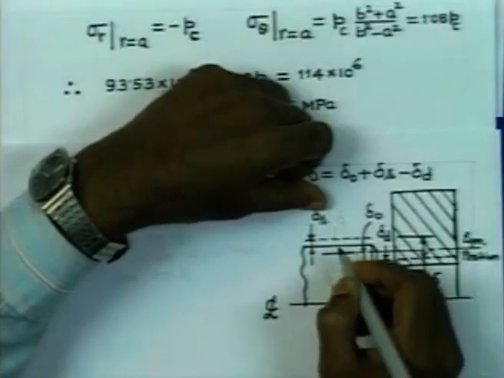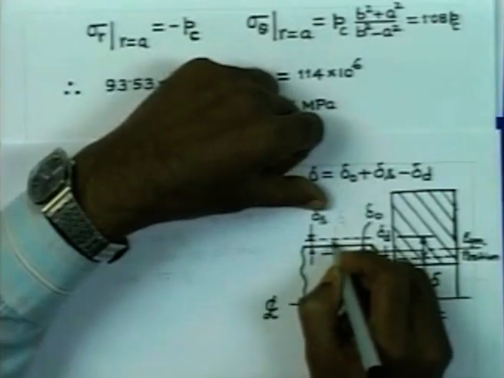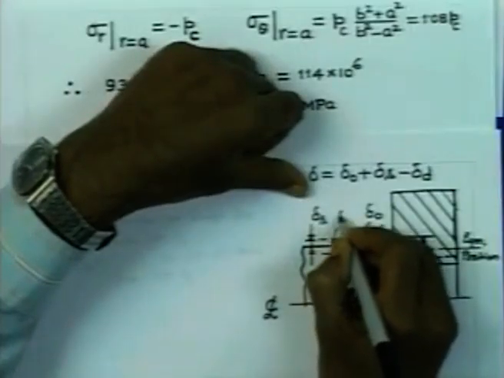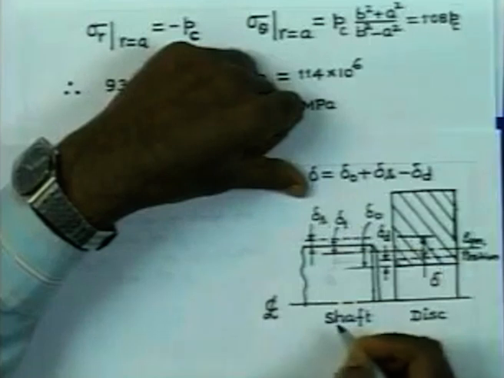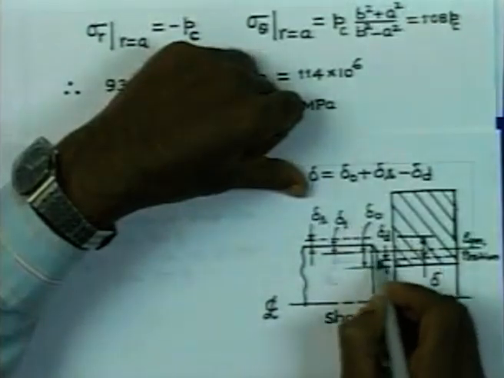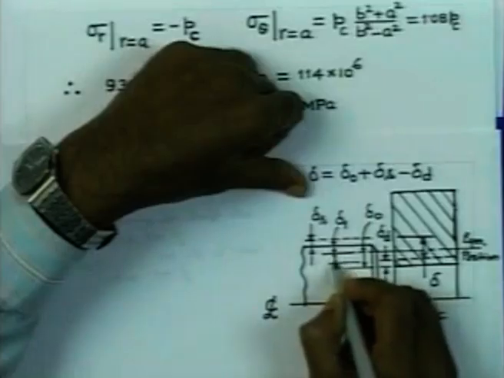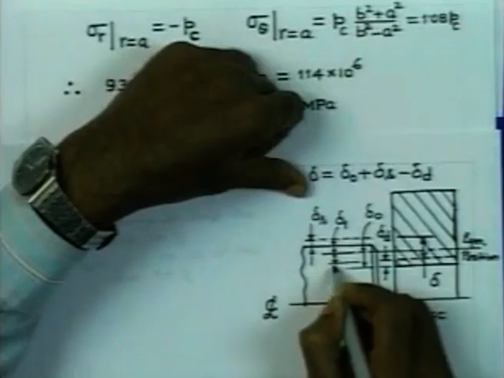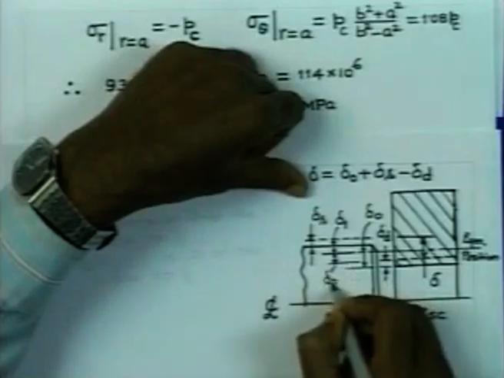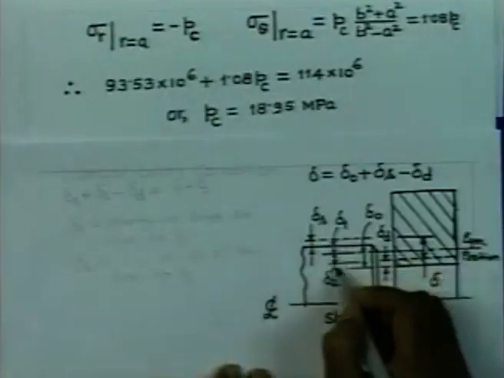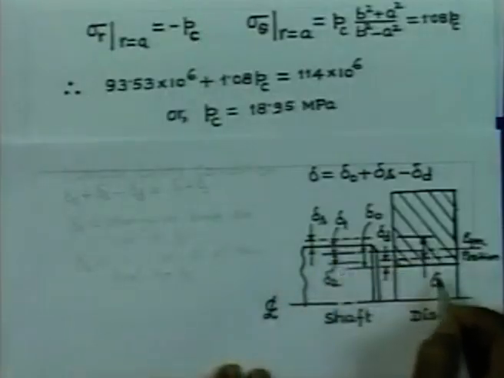So, let us now say that the decrease in the shaft radius is equal to delta 1. Similarly, the increase in the inner radius of the disc is equal to delta 2. So, therefore, this delta 1 plus delta 2 is nothing but this delta.